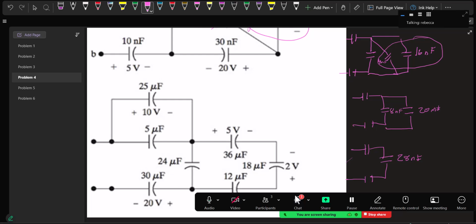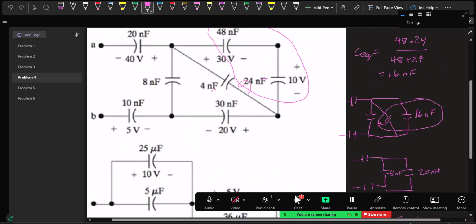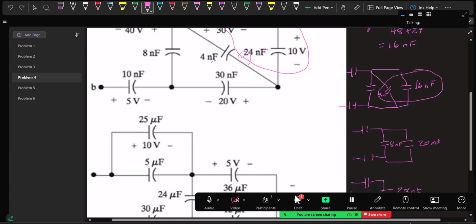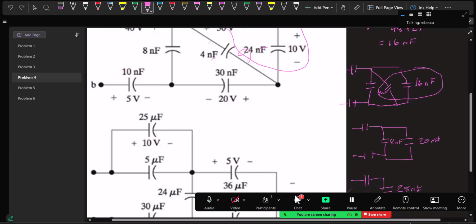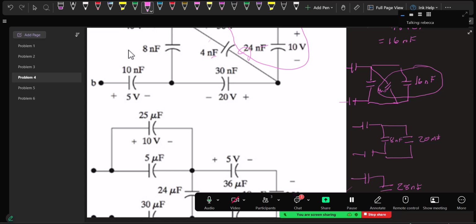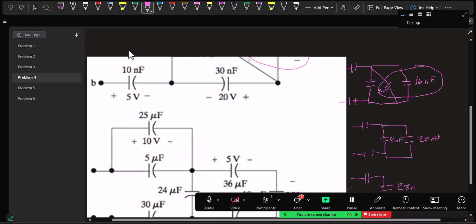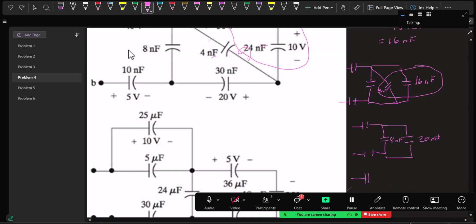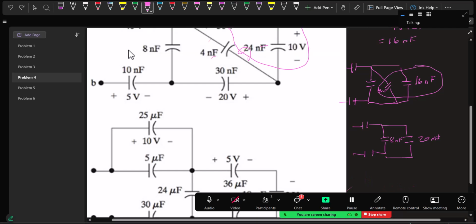And then I thought that 30 nanofarads at the bottom was missing, because yeah, that'd be useful if I remembered to draw it in. So hold on, where is it? It is right here. So yes, that would definitely mess things up. That one would be right here, 30 nanofarads.